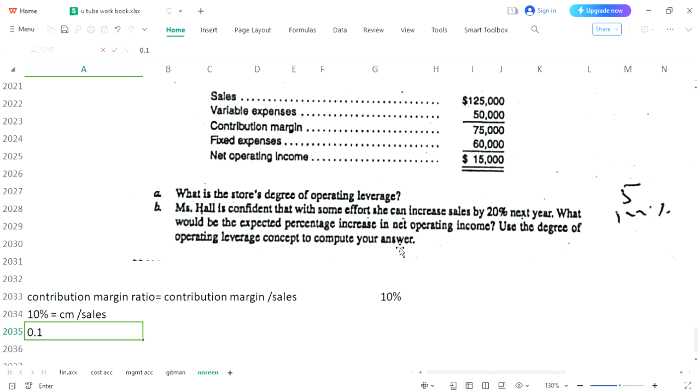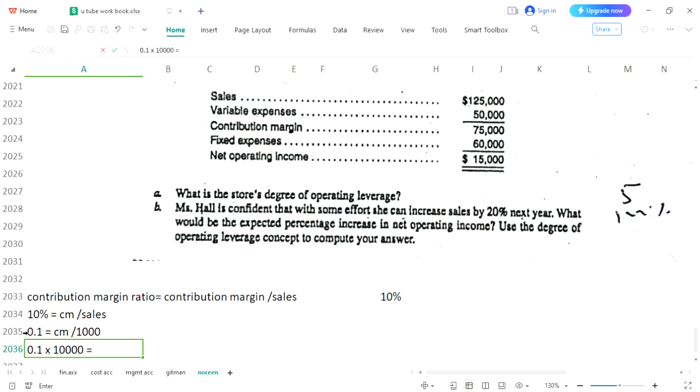CM is unknown and sales is 1000. 1000 is being divided over here, so taking it to the opposite side of the equal sign, it would be multiplied.